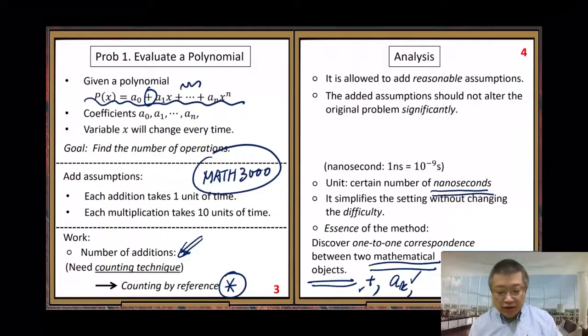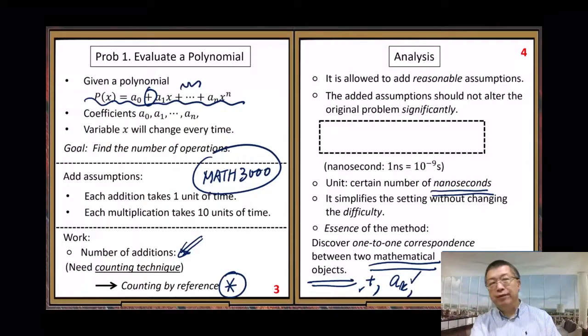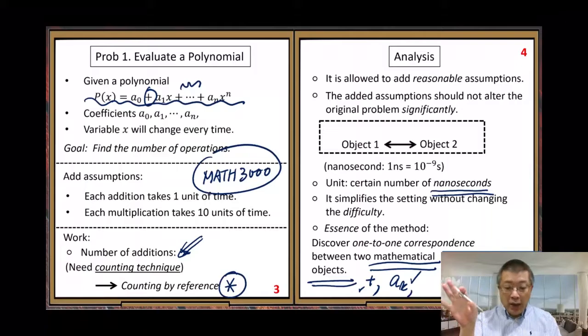Let me use a diagram to describe this method. We have two mathematical objects, object 1 and object 2. Our goal is to count the number of object 1, but it is relatively hard. Now we want to connect these two objects in a one-to-one correspondence. That one-to-one correspondence is important.